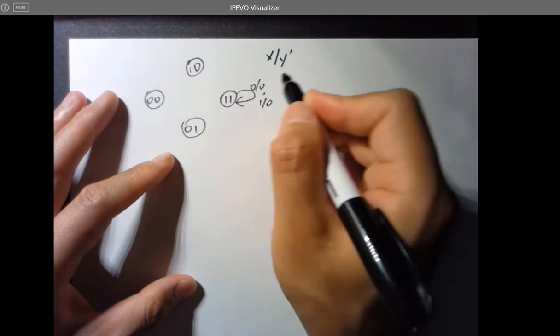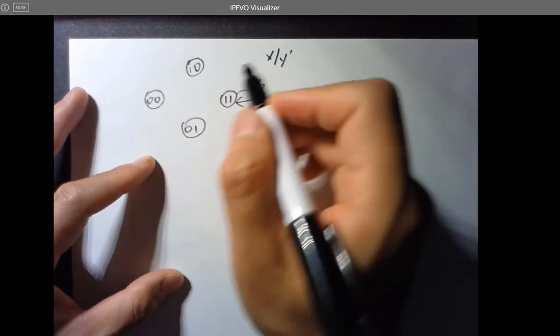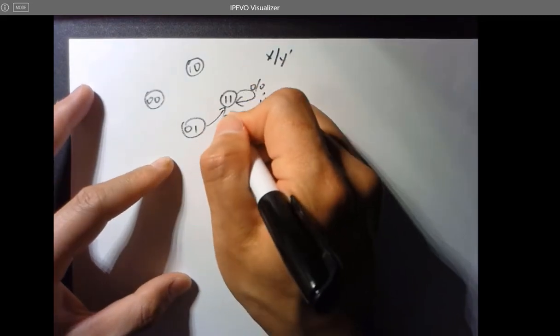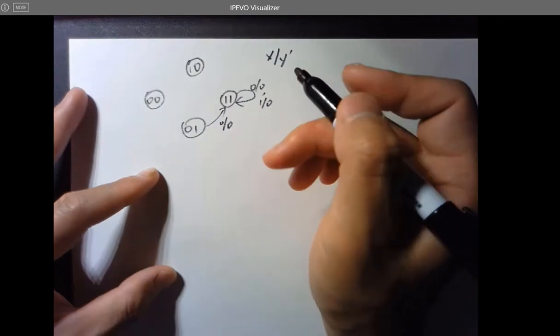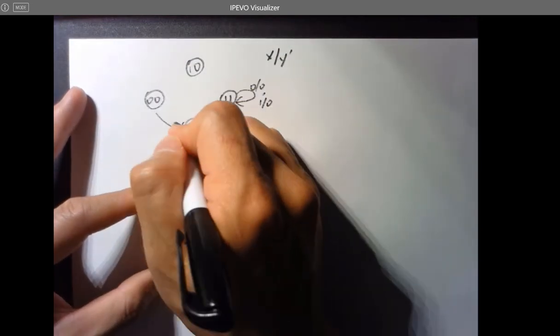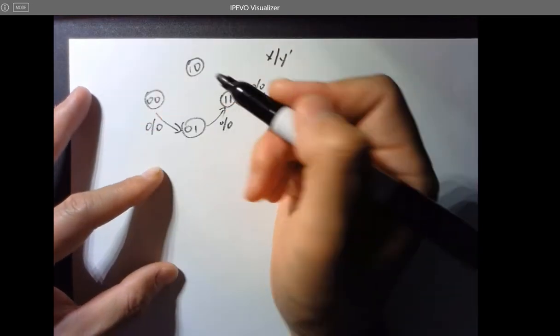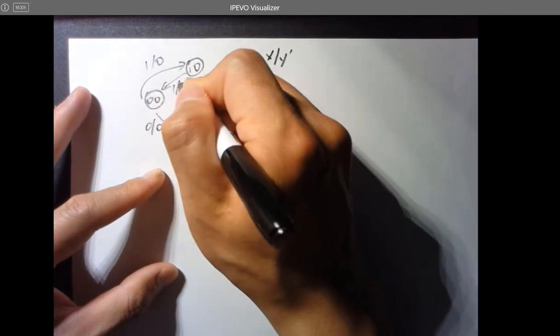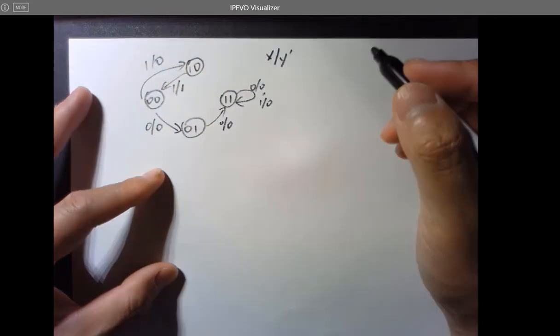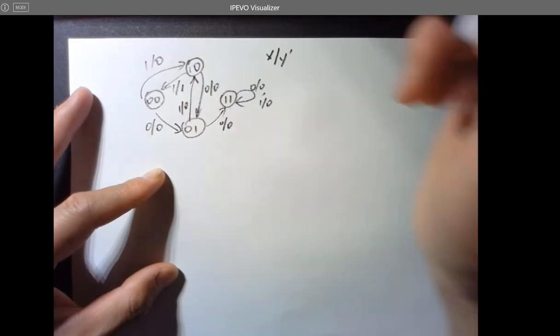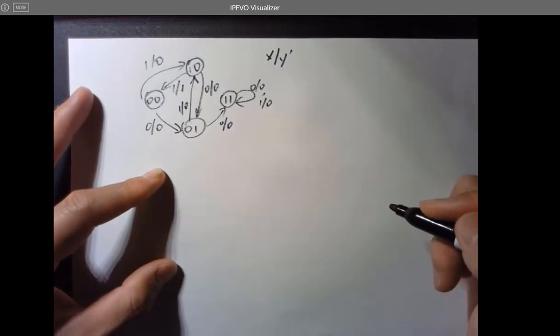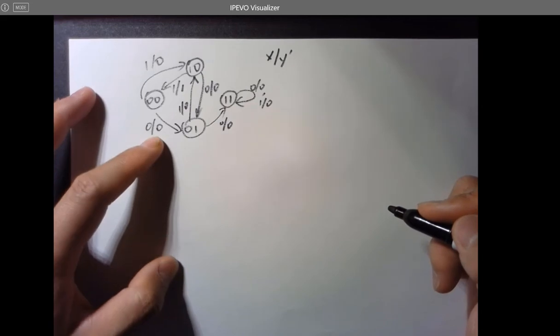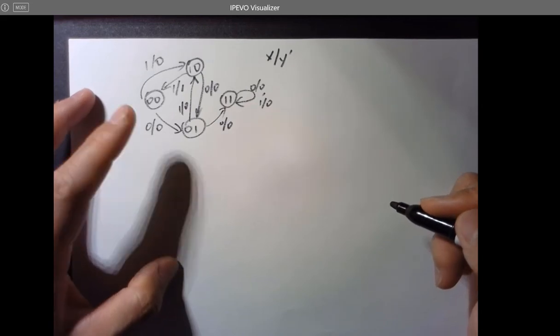So the conditions are x and y prime: 00 and 00, 10, 11, 10, 00. That's pretty much everything that should be included. Double check. Yeah, that's it.